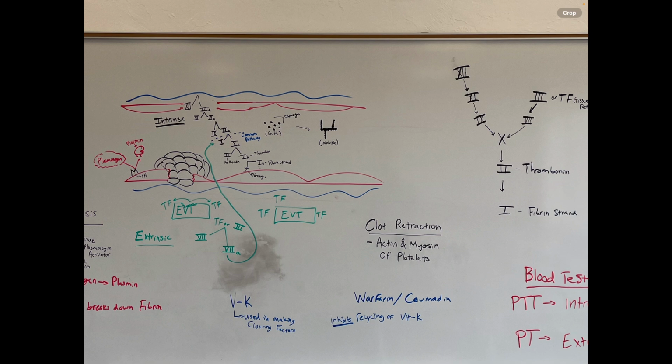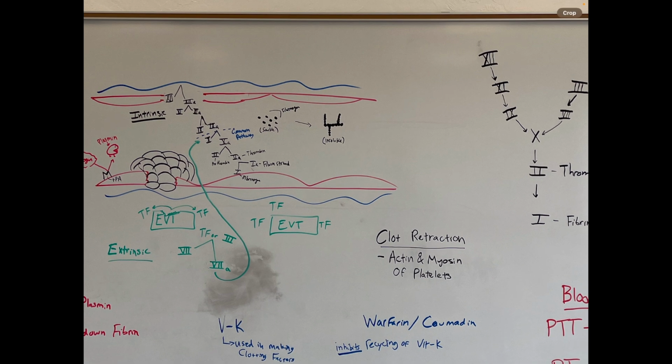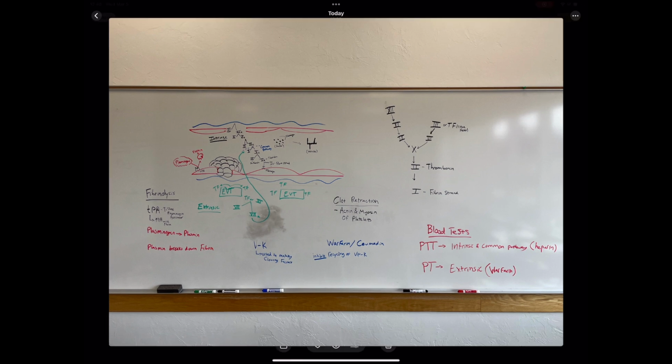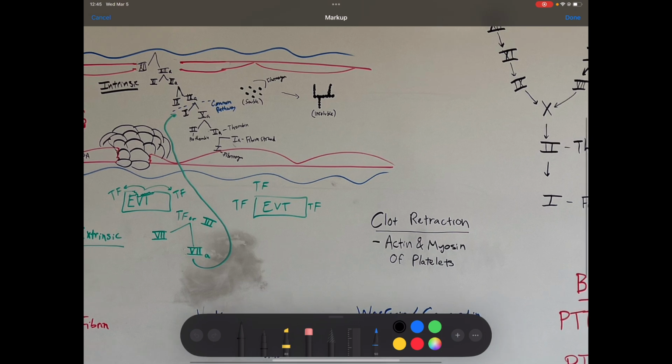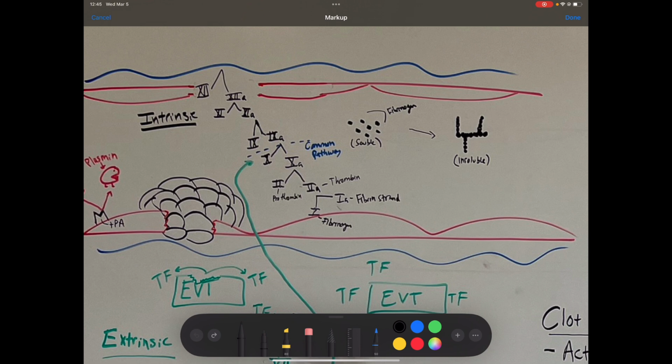So with both of the pathways, I'll go more into them in a second, but they eventually lead into the common pathway, which is active number 5. It goes from inactive number 5 to active number 5, and I'm just going to point with this right here.